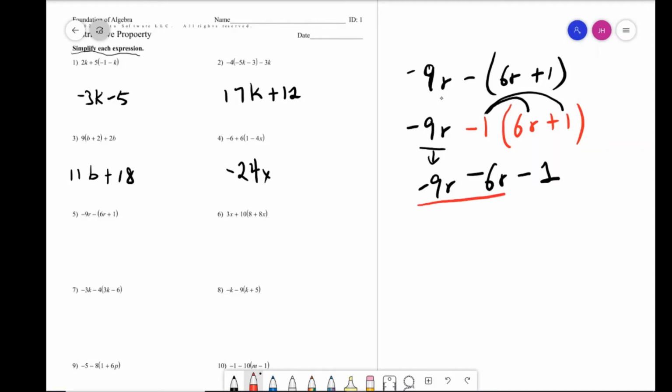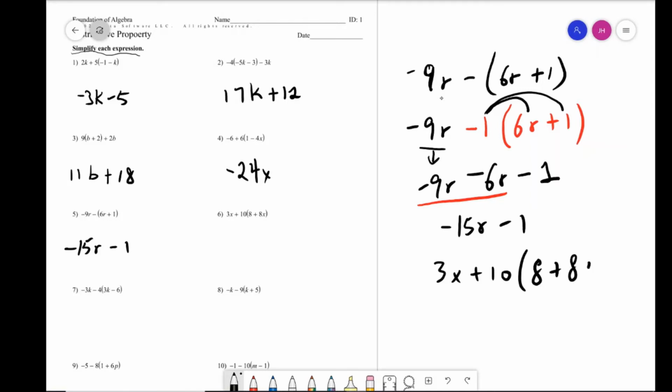So I see the like terms here. I have to combine my -9r and -6r. So altogether it is -15r minus 1. Number 6, I have 3x plus 10 parentheses 8 plus 8x.